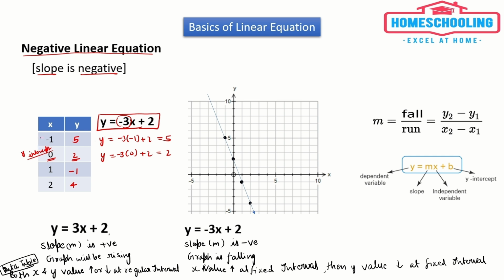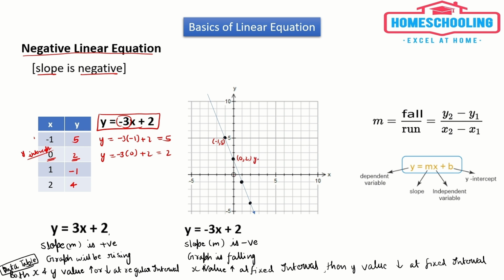As we can see, we are moving from minus 1 to 2. So when x is equal to minus 1, y is equal to 5. Then this is 0, 2. Here x is equal to 0 and y is equal to 2.